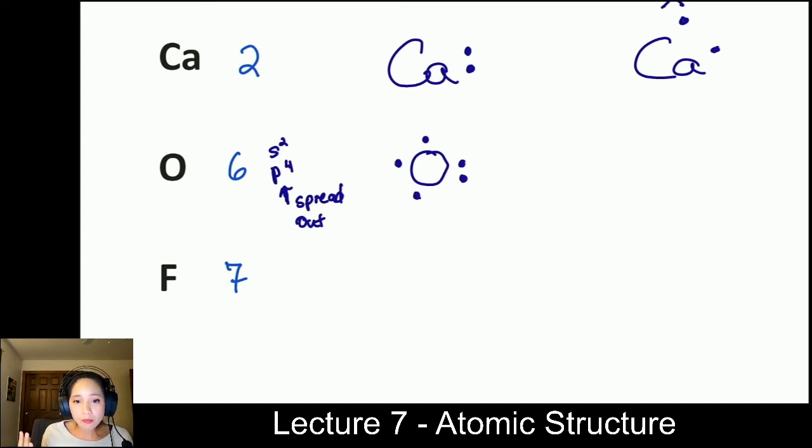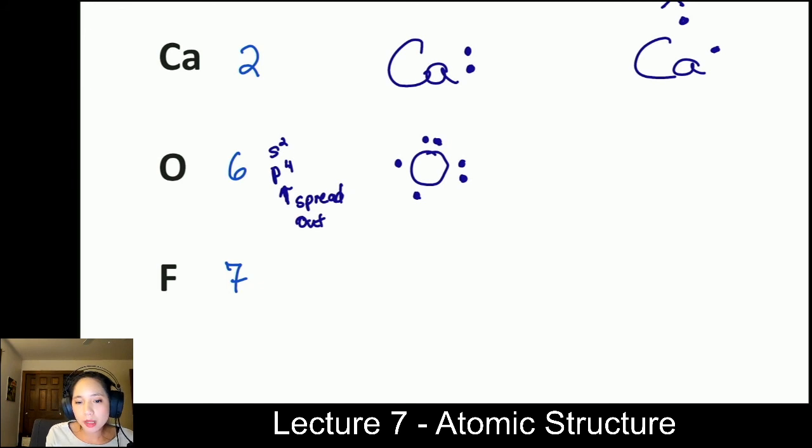They're all spread out, but there's nowhere else I can put them without doubling up. Now we can start pairing for that 4th electron, and I'll just put it right there. So you see that there are 6 electrons total around oxygen, where 2 of them are paired in the s orbital, and the other 4 are in p orbitals. And you spread them out before you start doubling up.